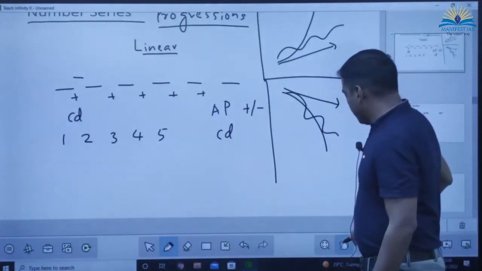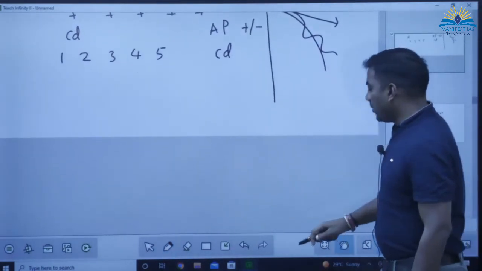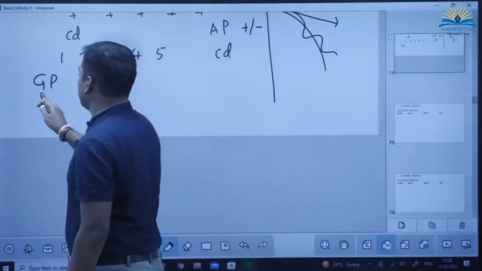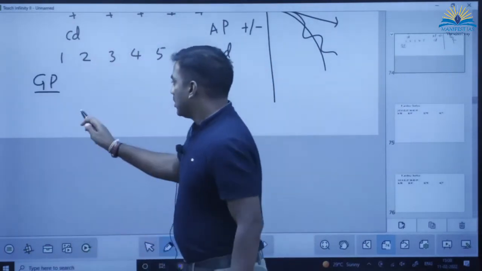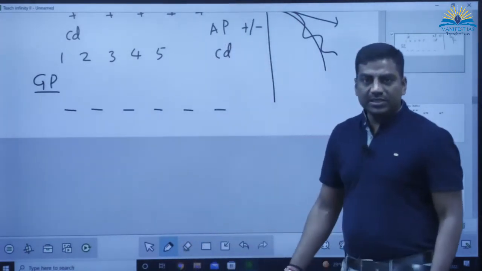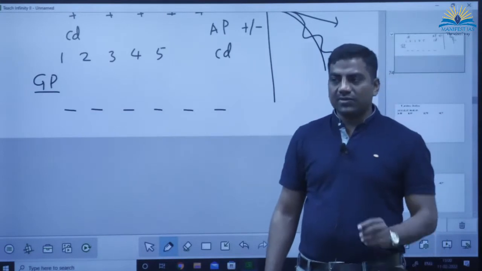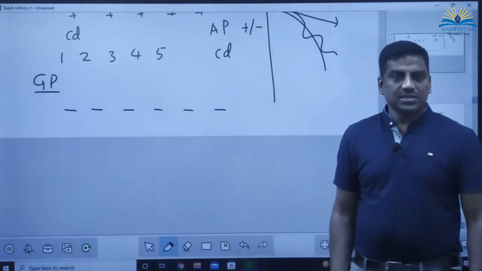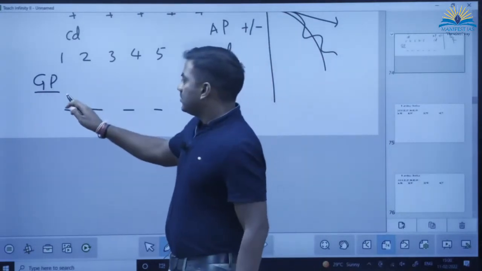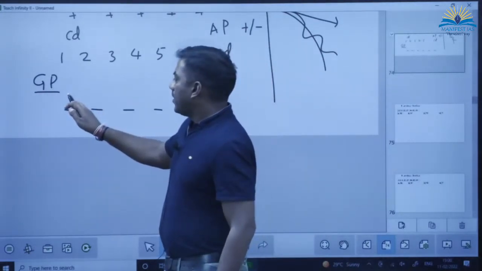And when it comes to geometric progressions, you take the elements here. Between two consecutive elements, there is a relation of some multiplication. For example, this is 2.